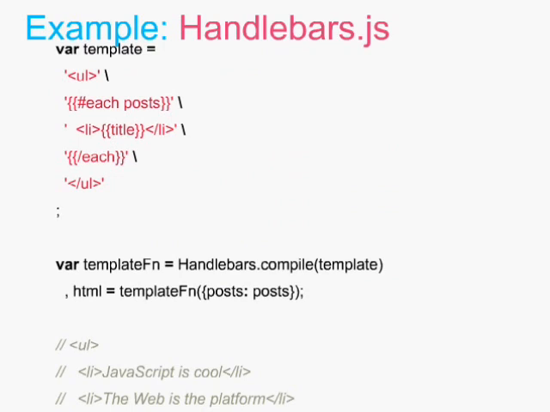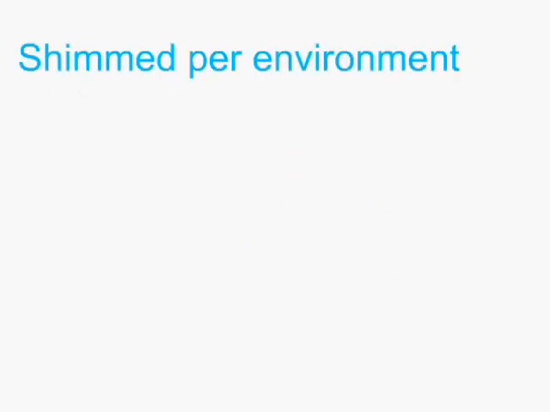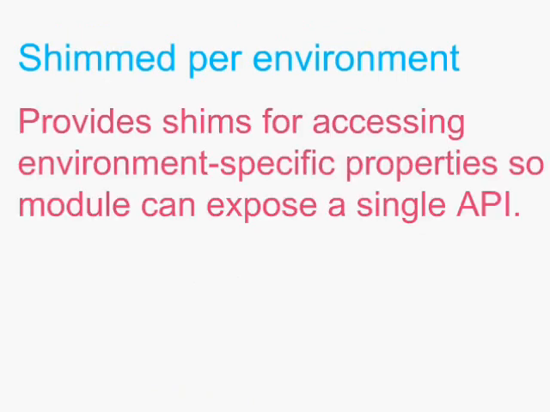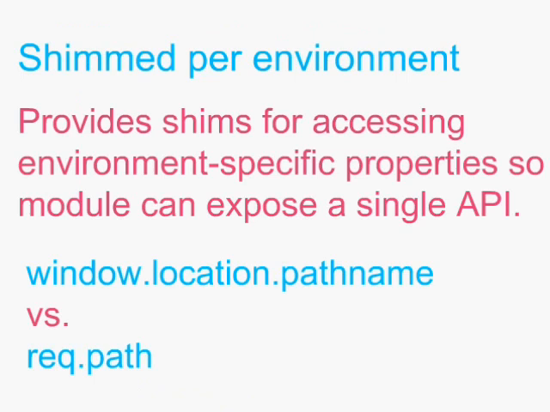Okay, so the other category is shimmed per environment. This is JavaScript that provides shims for accessing environment-specific properties so that a module can expose a single API. For example, let's say there's a routing library, some piece of code that does routing for a web application.